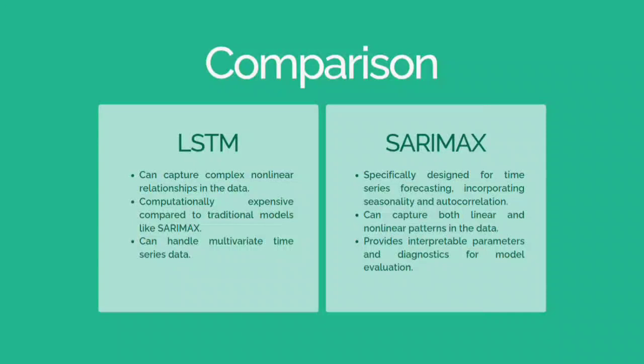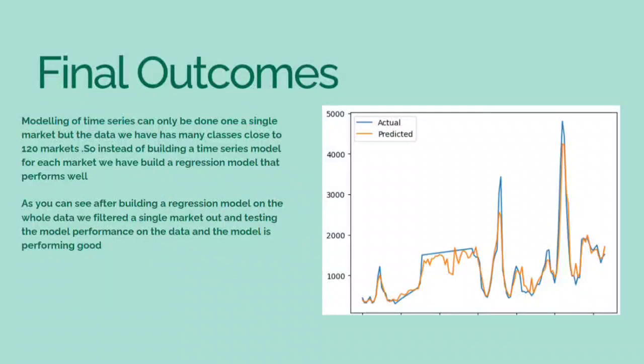SARIMAX is specifically designed for time series forecasting, and it can also capture linear and non-linear patterns, and it is easier to diagnose the model features of SARIMAX than the LSTM model.